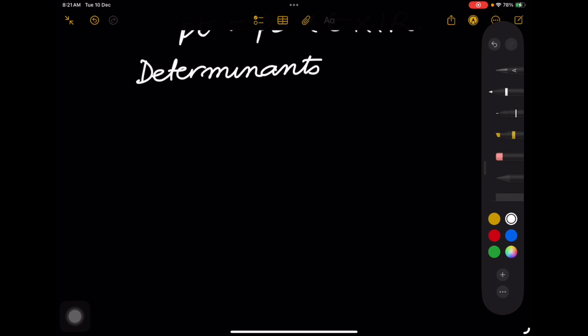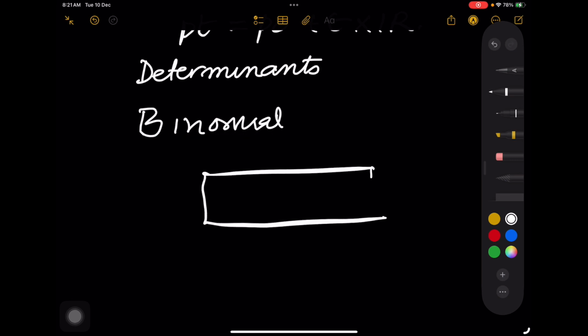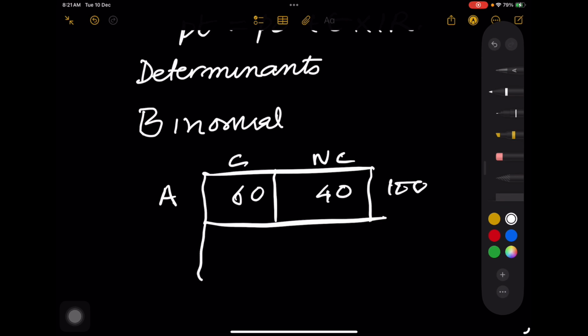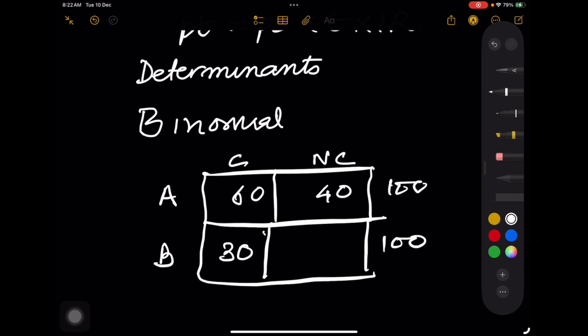So, if the cause and effect are binomial, say with treatment type A, there were 60 cures out of 100. So 40 did not get cured. So this was cured and this was not cured. And with treatment B, there were, let us say, 30 out of 100 cures.